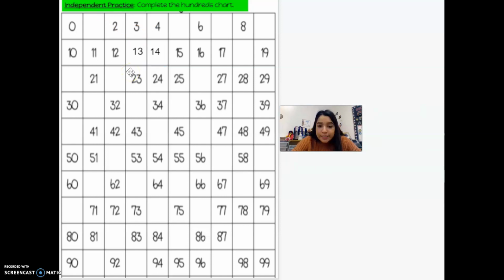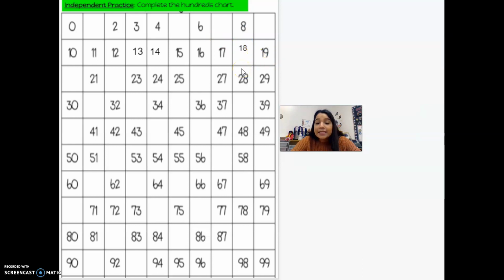Now I have 14. So I'm going to count again from 10. So 10, 11, 12, 13, 14, 15, 16, 17, 18 is missing. So I'm going to go ahead and fill in 18. Make that big so y'all can see it.